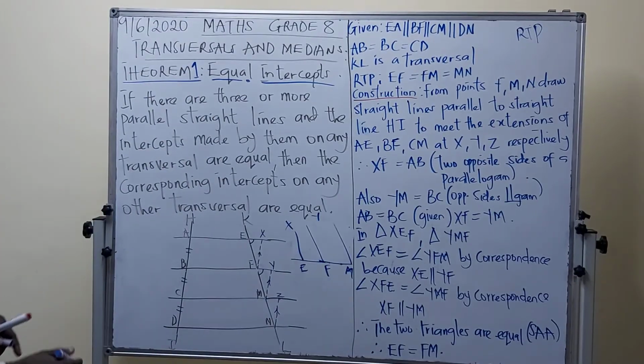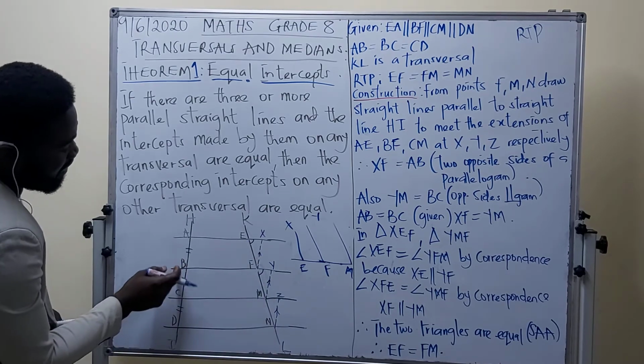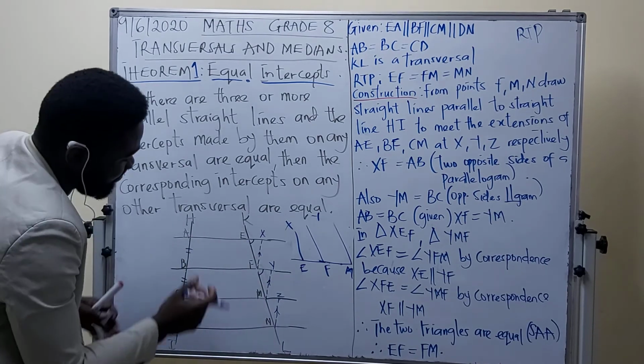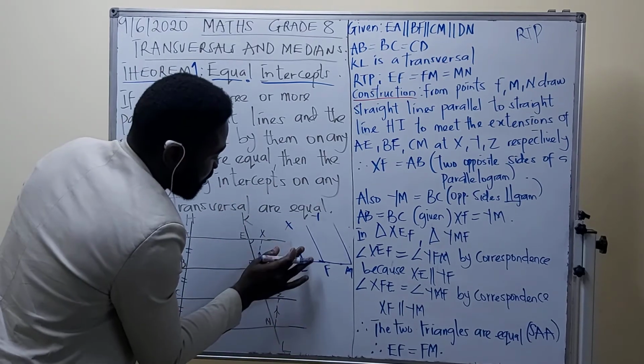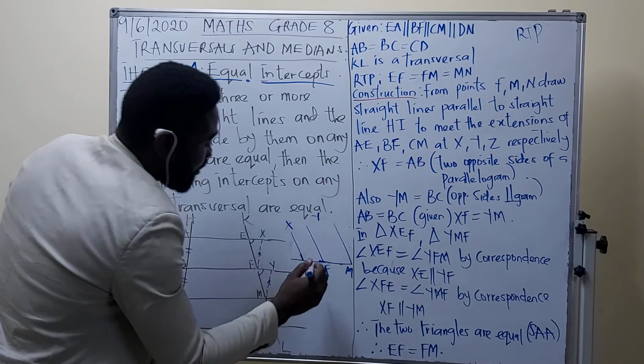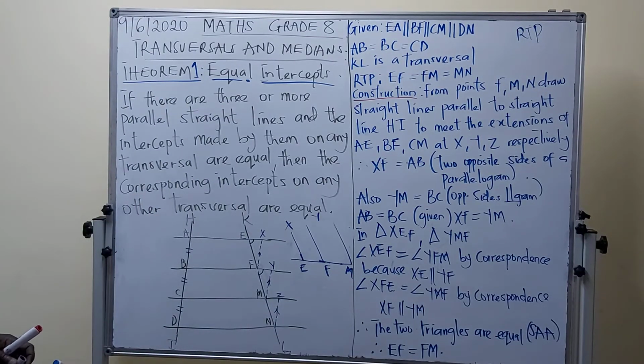And don't forget, we said already that XE is parallel to line AB. So it means they are all parallel lines, based on the instruction we were given already. So now, how do we know they are corresponding angles?